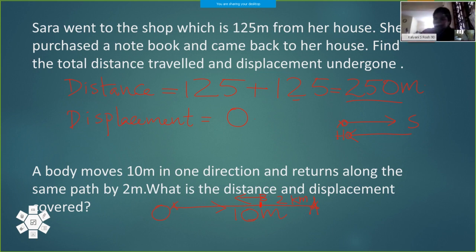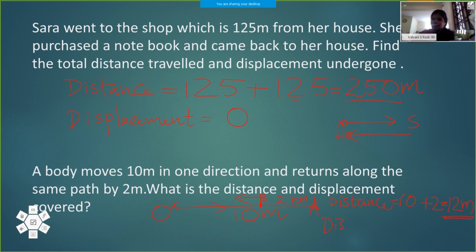So what is the distance travelled? Here distance is equal to O to A, OA 10 plus A to B 2, 10 plus 2, that is equal to 12 meter.